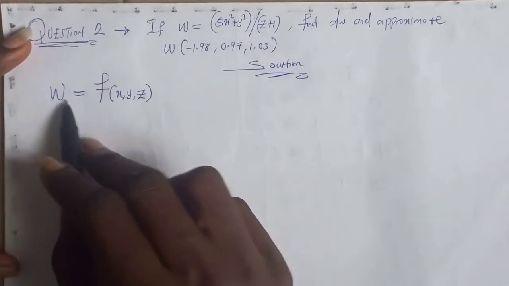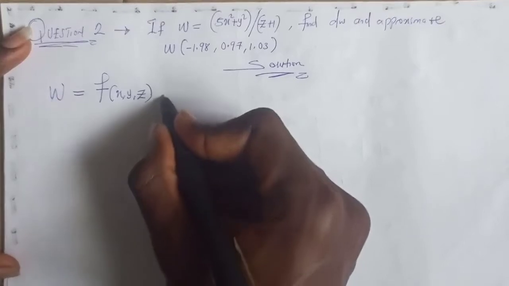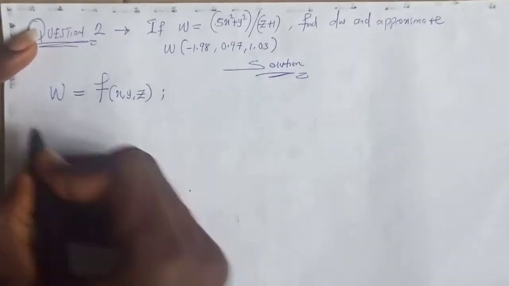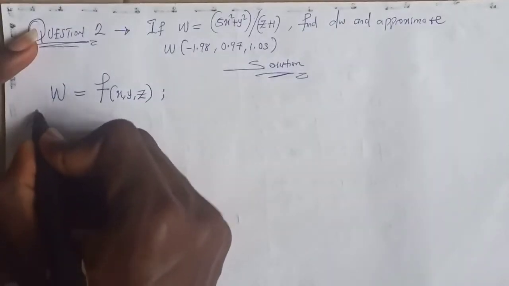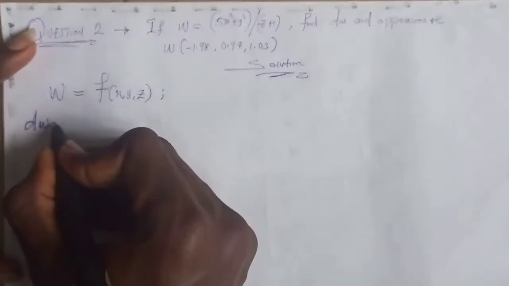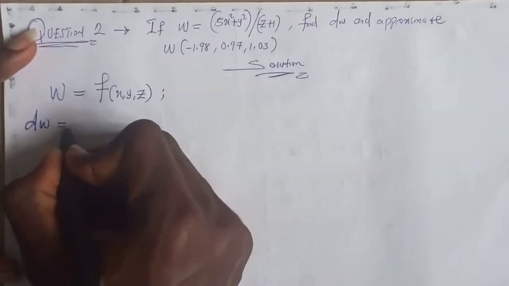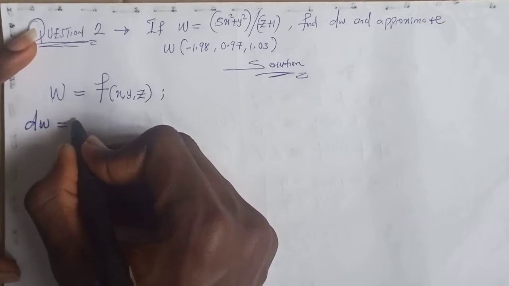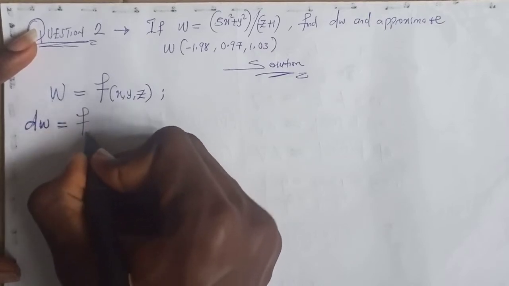Since we have this by definition, it is clearly seen that the total derivative for the dependent variable, which is dw, will now be defined as fx dx.